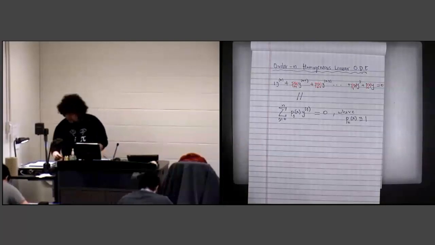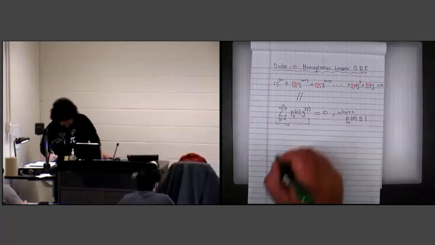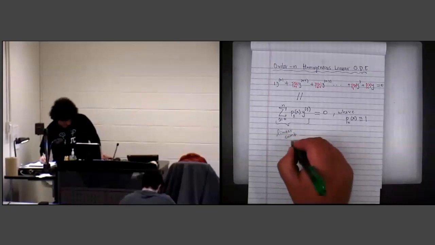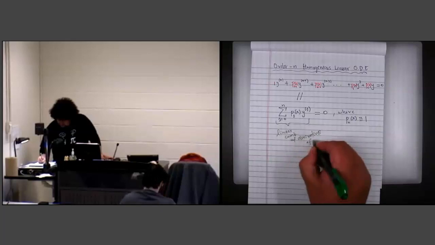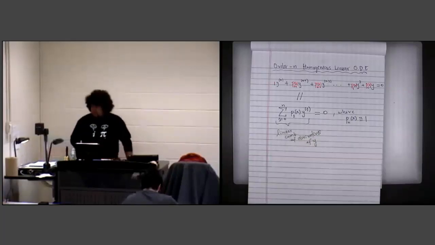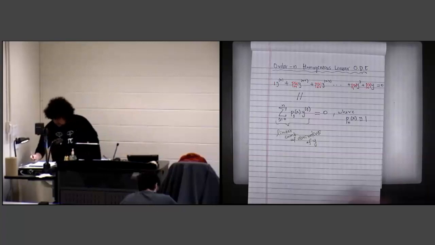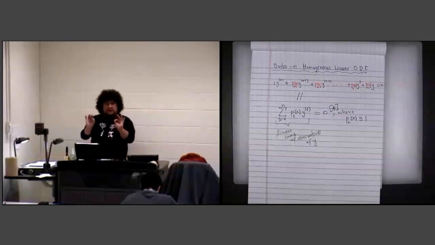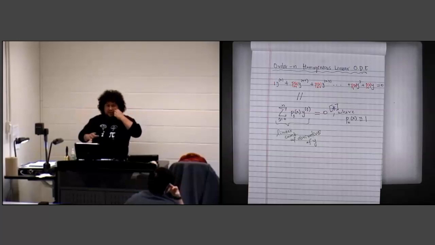If we do this, then we're basically saying that this left-hand side is a linear combination of derivatives of y. Okay, so I'm going to call this star. That would be a way of expressing the higher order linear ordinary differential equations.